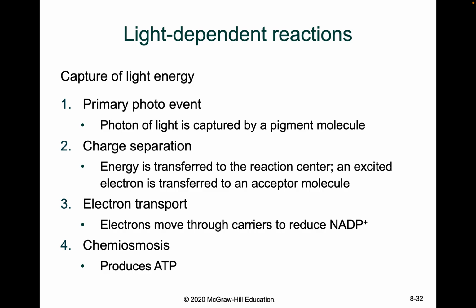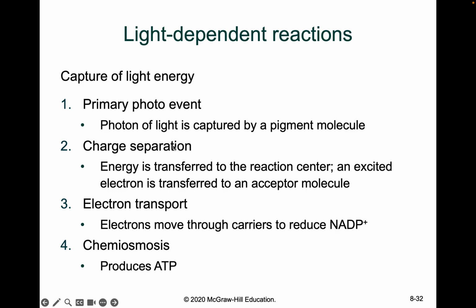So now we're going to go into the details of what happens in every single step. If you want to put them into steps, you can have four. The first one is the primary photo event, where the photon is captured, and this is mostly captured by the antennas. So the antenna complex, which has these accessory pigments, harvests this energy and passes it on to this reaction complex.